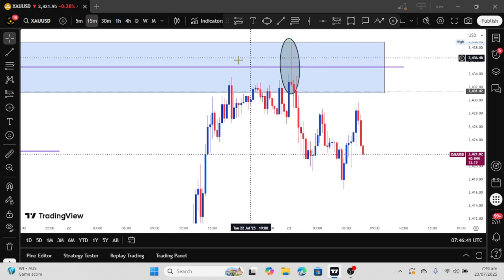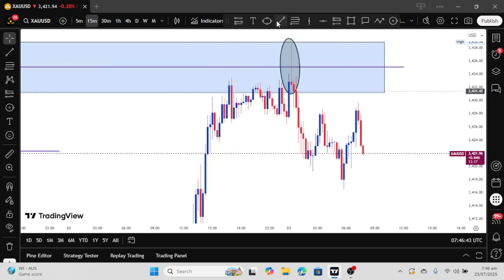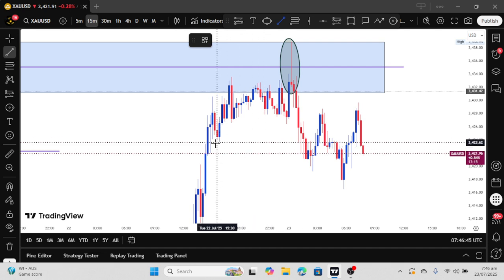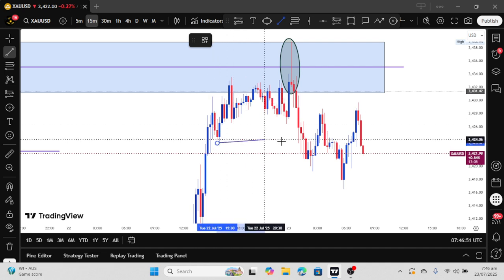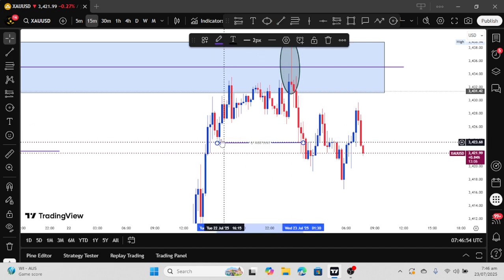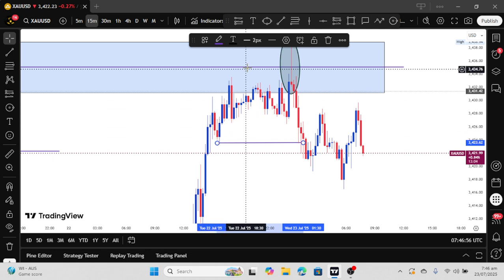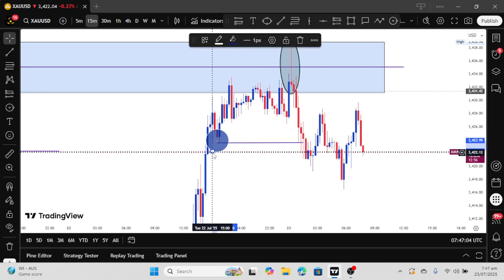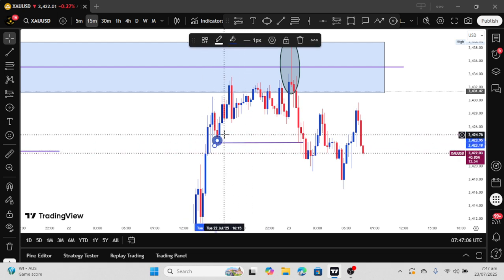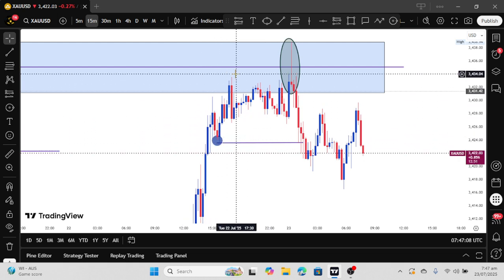So for this new entry, what do I have to do? I'll still have to repeat the same thing. Here is the last high, here is the last low. Here is the last low that led to this break of structure, so this is the origin of this high.